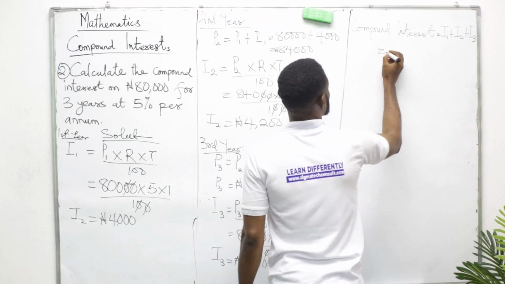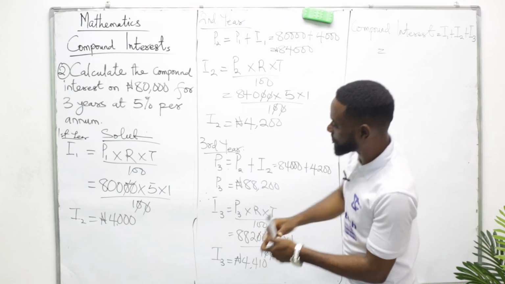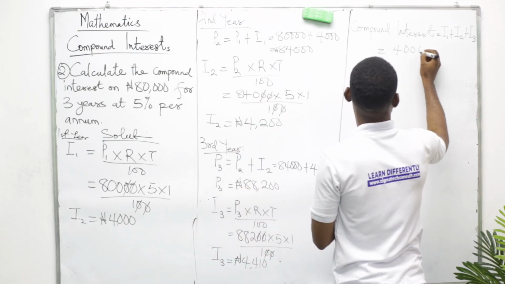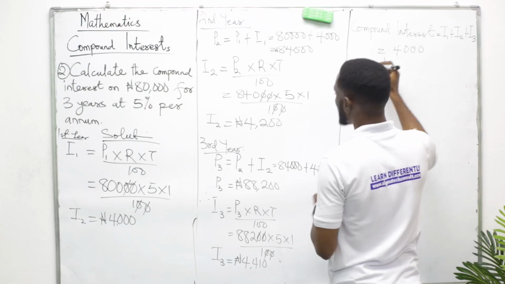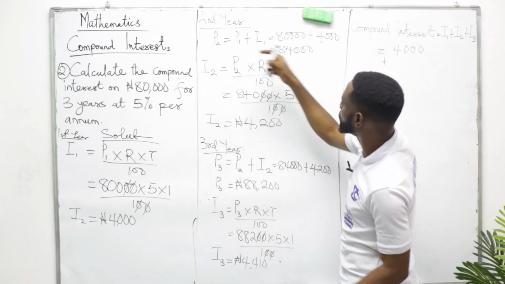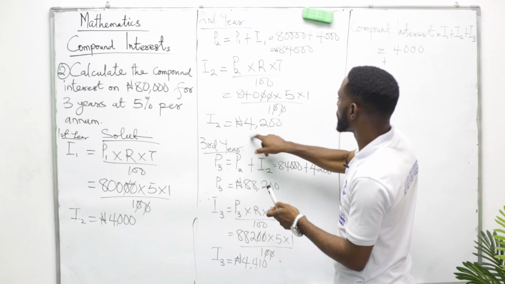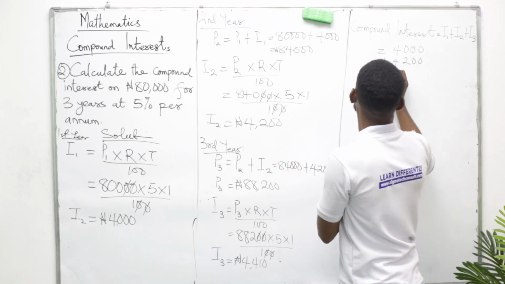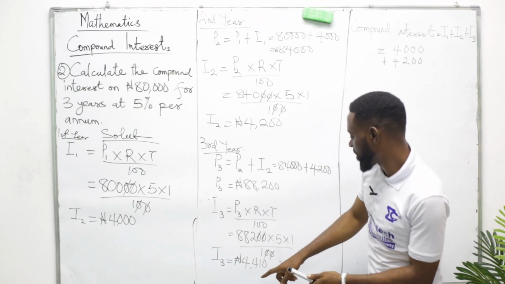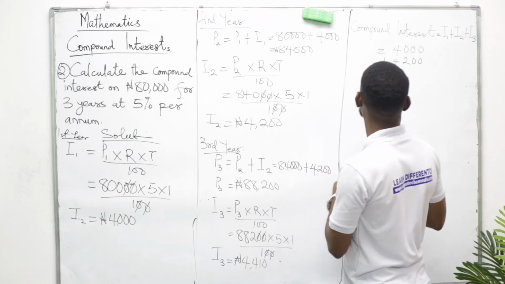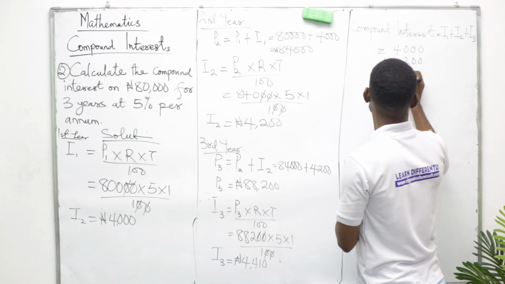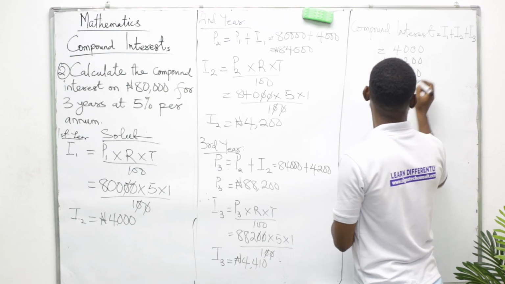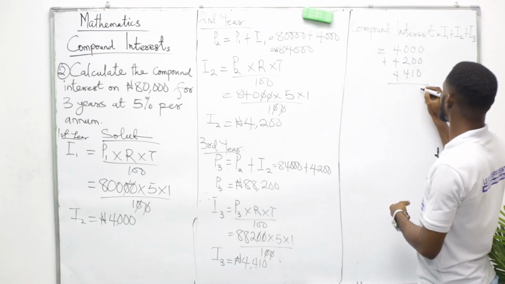So our first interest for year 1 is 4,000, plus our second interest for year 2, I2, which is 4,200. Then our interest for year 3 is 4,410 naira.